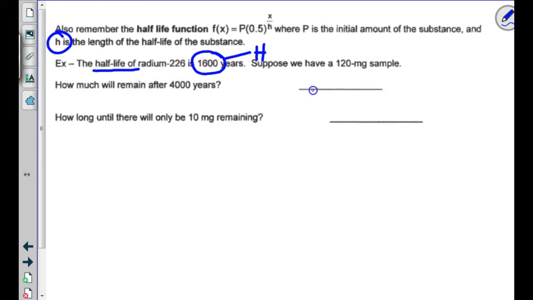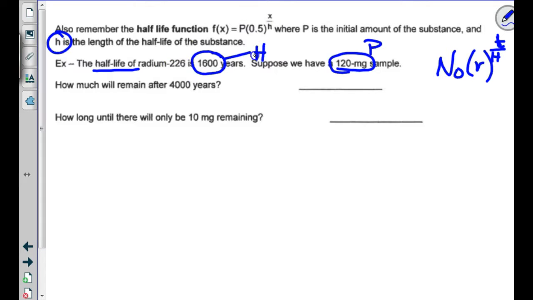Suppose we have a 120 milligram sample. That's our initial amount. I think it actually looks like this on your pink sheet. Is it T over H out here, or half-life? Okay, so this is equivalent.